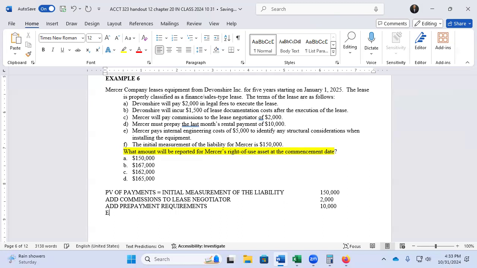And then we exclude internal engineering costs. So our total is 162,000.